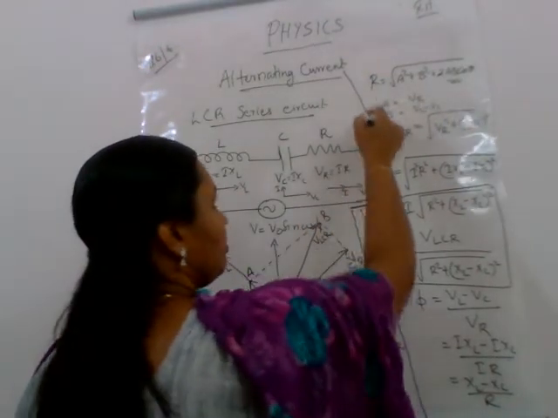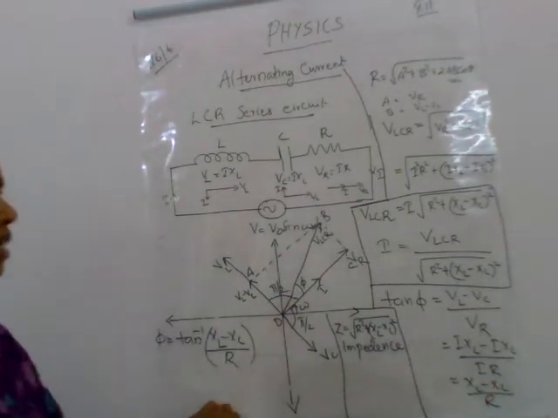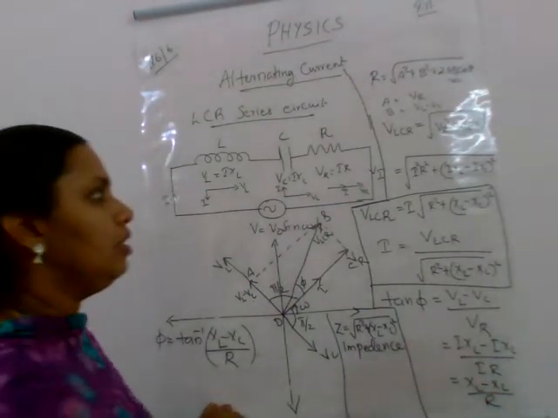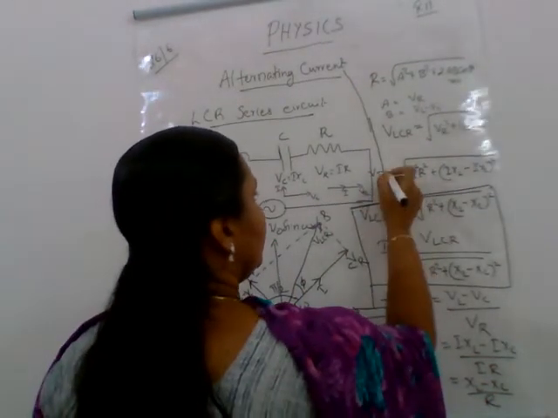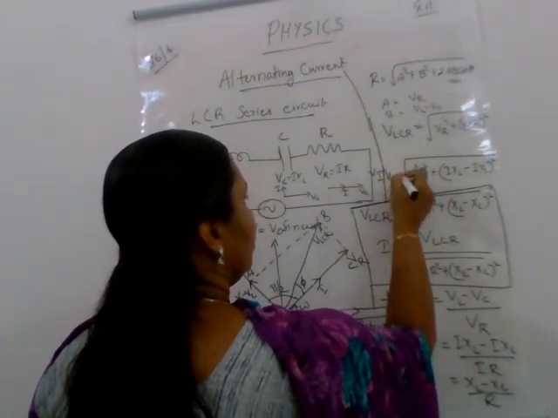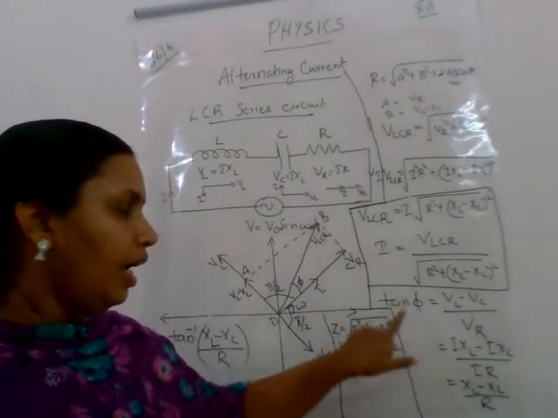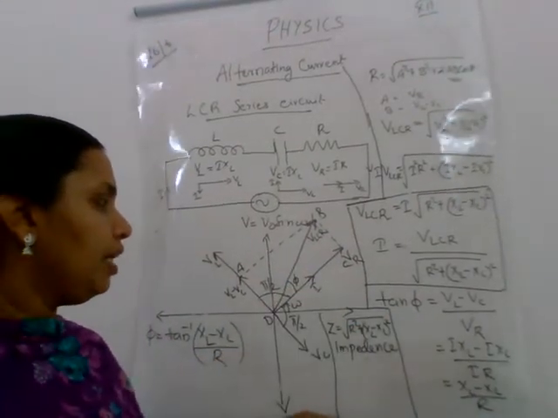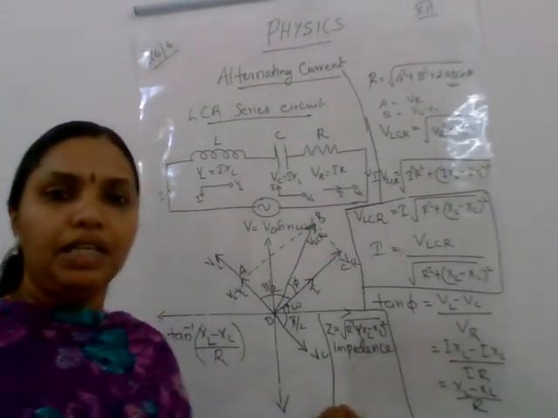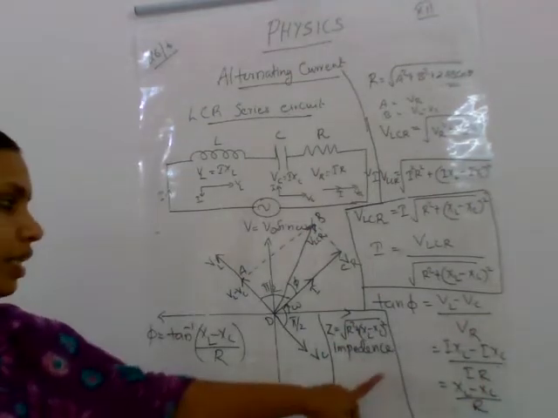Using the relation, we are getting the value of current, and it is very clear from the figure there is a phase difference between the current and voltage, and that is equal to phi.